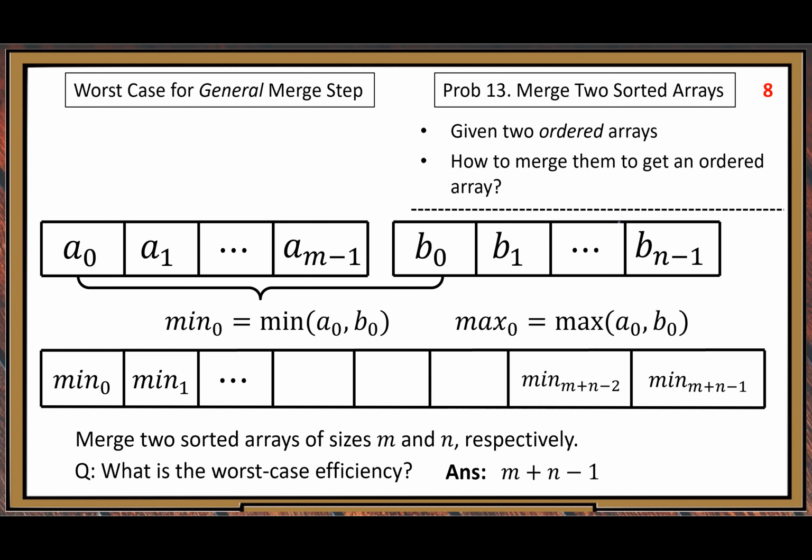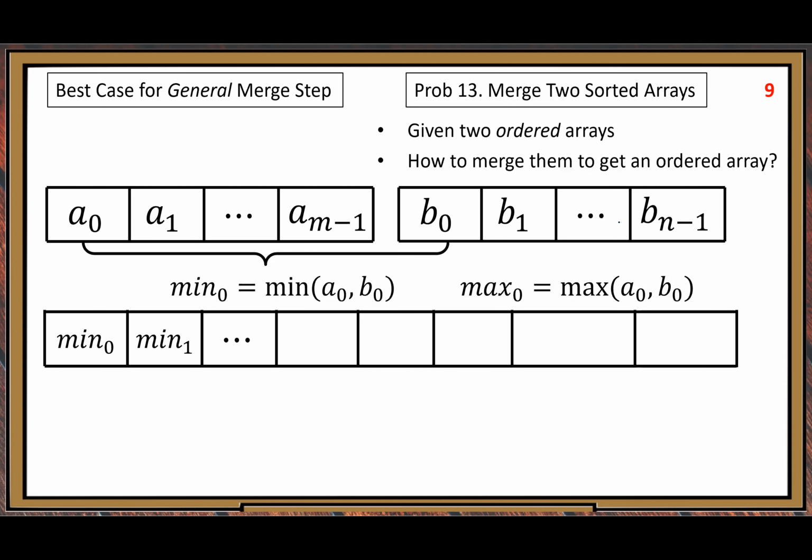Okay, yeah, all right. But how about the best case, right? We just did the worst case, but how about the best case? Think about the best case. We do not need that many comparisons. So think about what is the minimum number of comparisons we need for the best case.